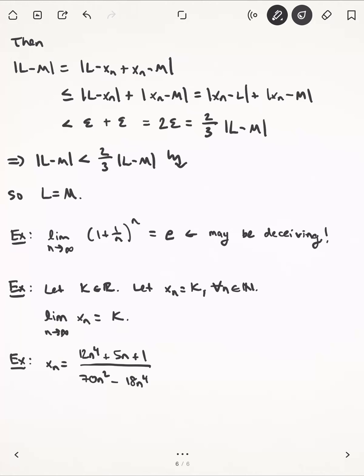And you want to know what happens as n gets large. Well, as n gets very, very large, 5n plus 1 gets very, very small compared to 12n to the 4th. And similarly, 70n squared gets much less than or equal to 18n to the 4th.